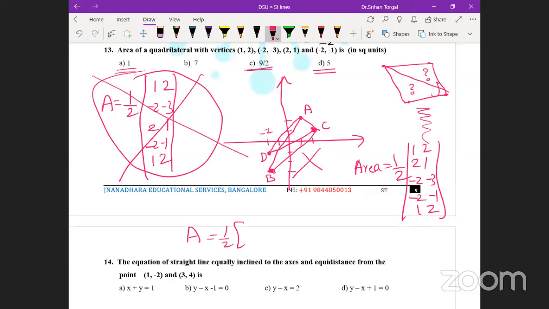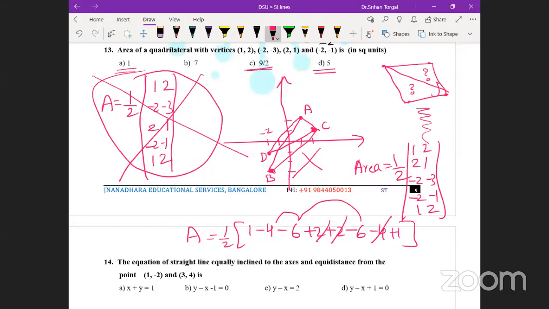A is equal to 1 ones are 1, -4, -6, +2, +2 again, -6, -4, +1. 4 and 4 get cancelled. -6 is -12, -12, -4.